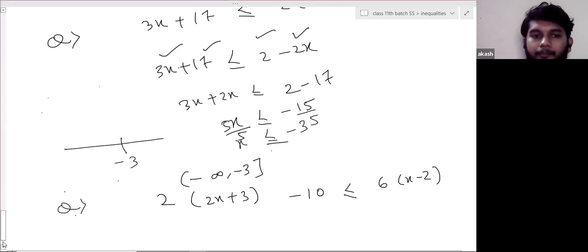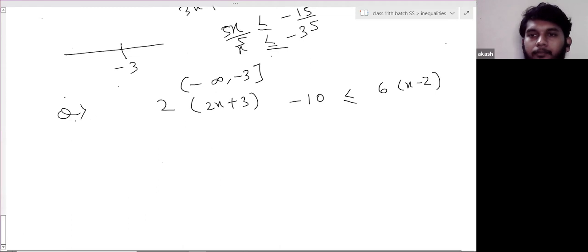Let's see. This is 4x plus 6 minus 10 less than equals to 6x minus 12.